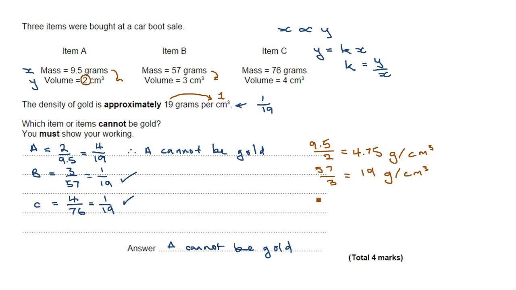And also with the last one, item C, we've got 76 divided by 4, which again gives us 19 grams per cubic centimetre, which is approximately the density of gold. So by reversing the direction of the ratio, we've given ourselves a little check so that we know that this result gives us the right answer.